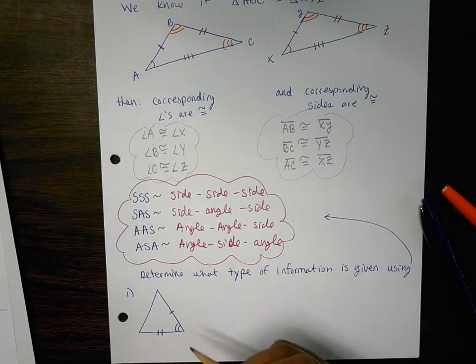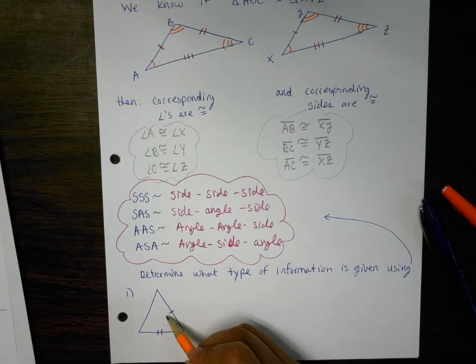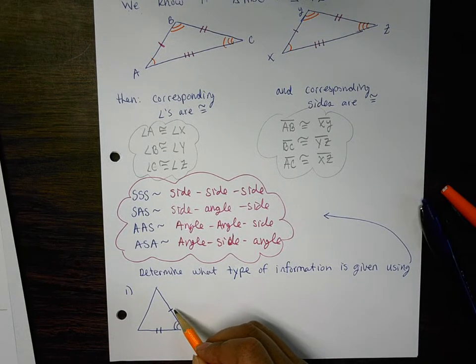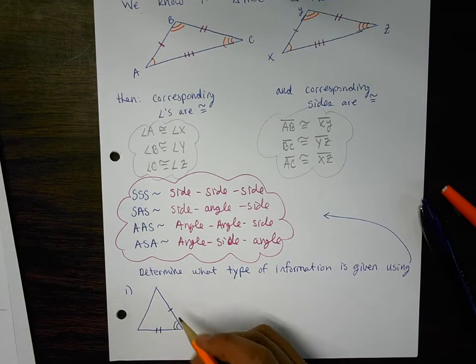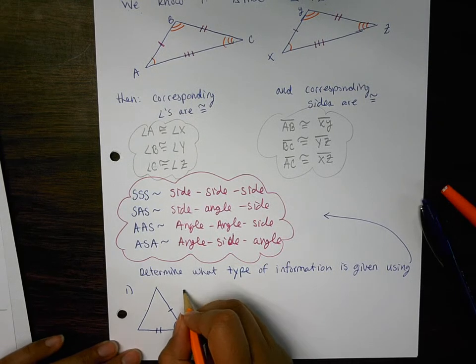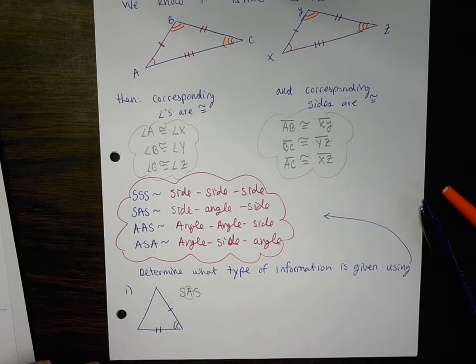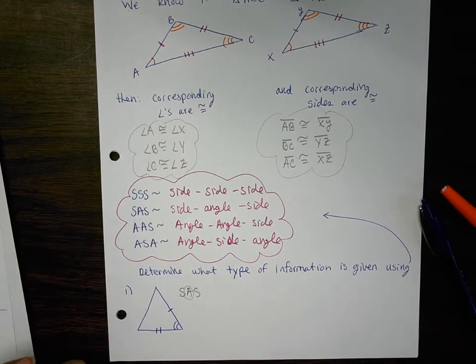When you read it, you start at one piece and read around. For example, I cannot jump from here across and over. You have to go in order either this way or this way. It doesn't matter as long as I'm not jumping around. Side, angle, side is what he said. Do you guys agree? Okay, in order to be side, angle, side, the angle has to be included, is the math word that you will see on your homework today.